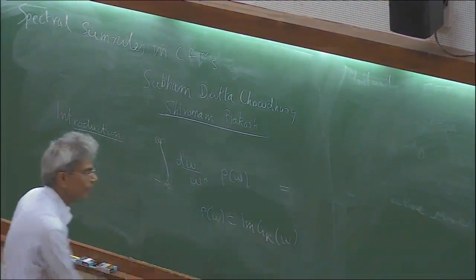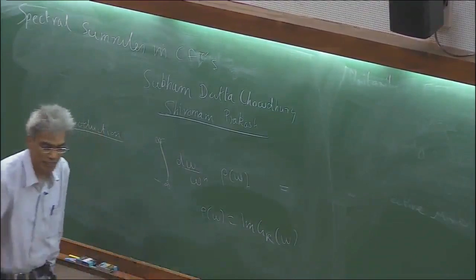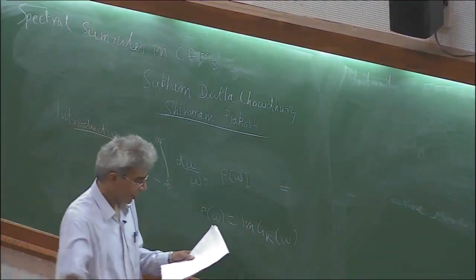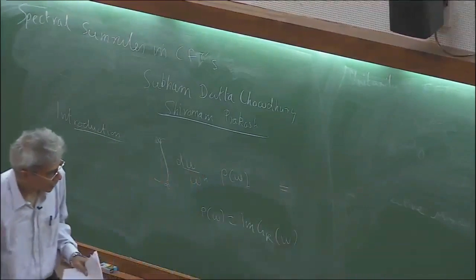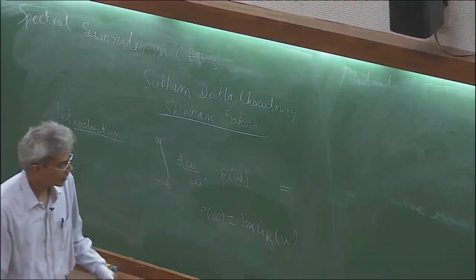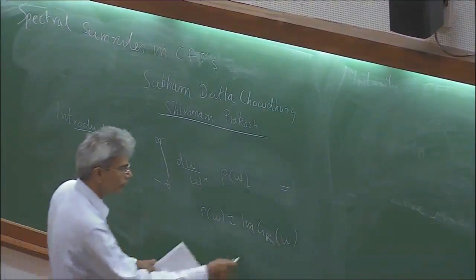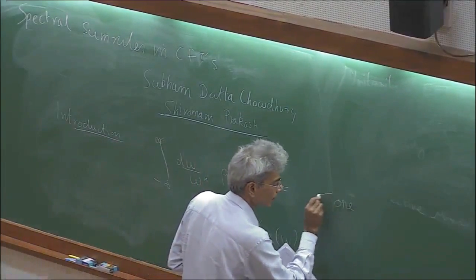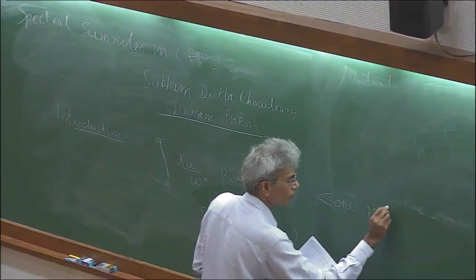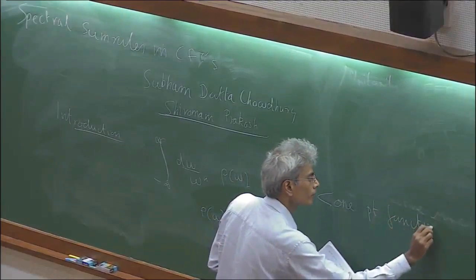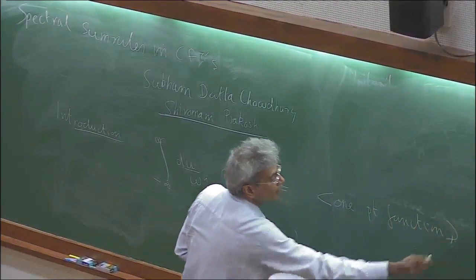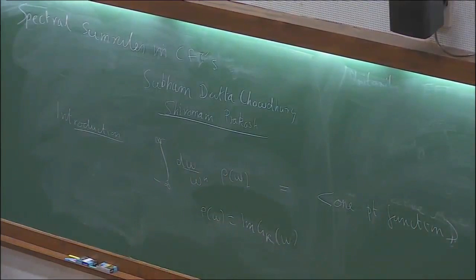And you see this is a retarded correlation function in a thermal state, which, as Loga said, is difficult to obtain in general on the lattice, for instance. So we will try to get sum rules of this kind, which are equal to expectation values of one-point functions. This is the schematic form of the sum rule we'll be interested in.